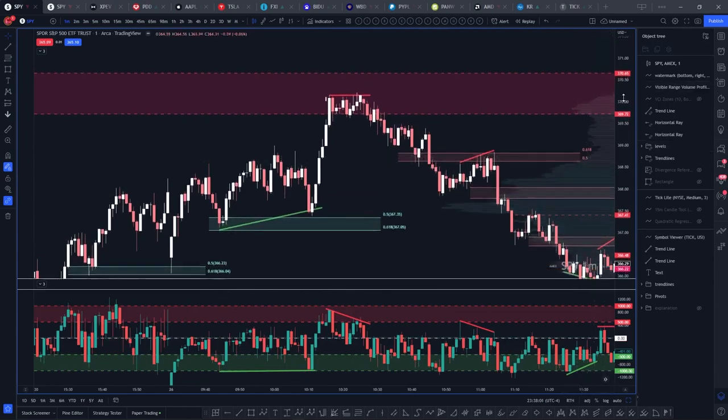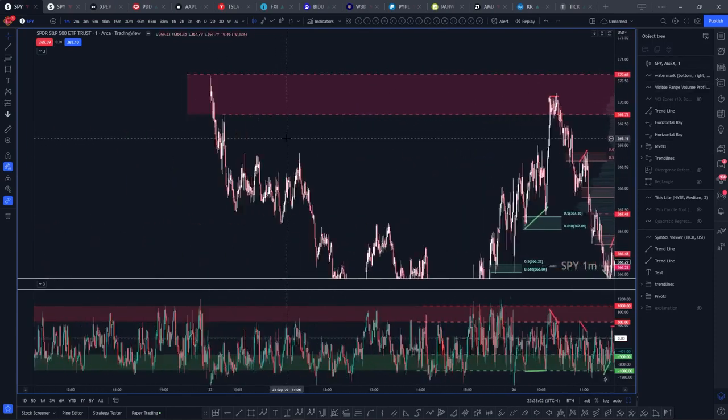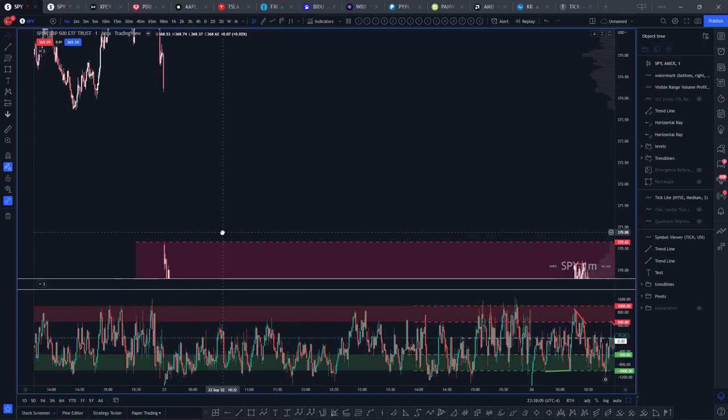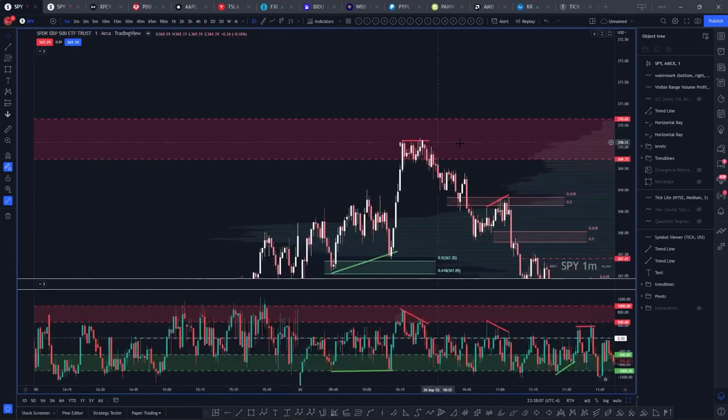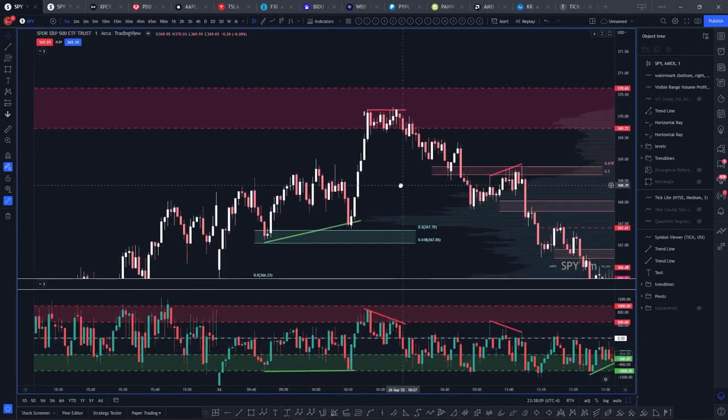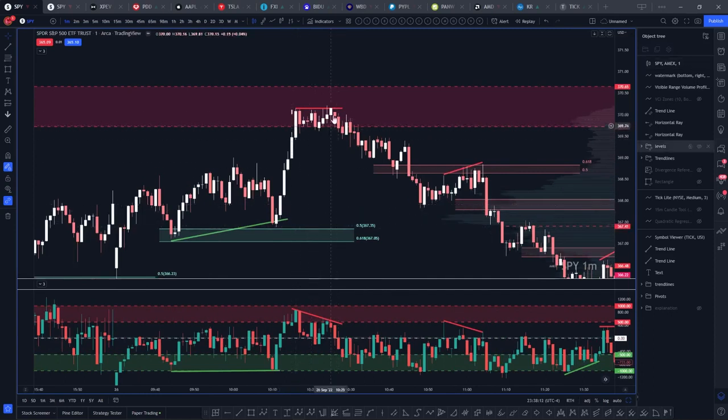What we have here is a known resistance level from our gap down. This is an area of supply that we know that price is going to potentially get exhausted into. So what we're looking for here is a divergence in our overall tick to our price ratio. So price is double topping or making a slight higher high, while Tick is making a significant lower high into resistance.